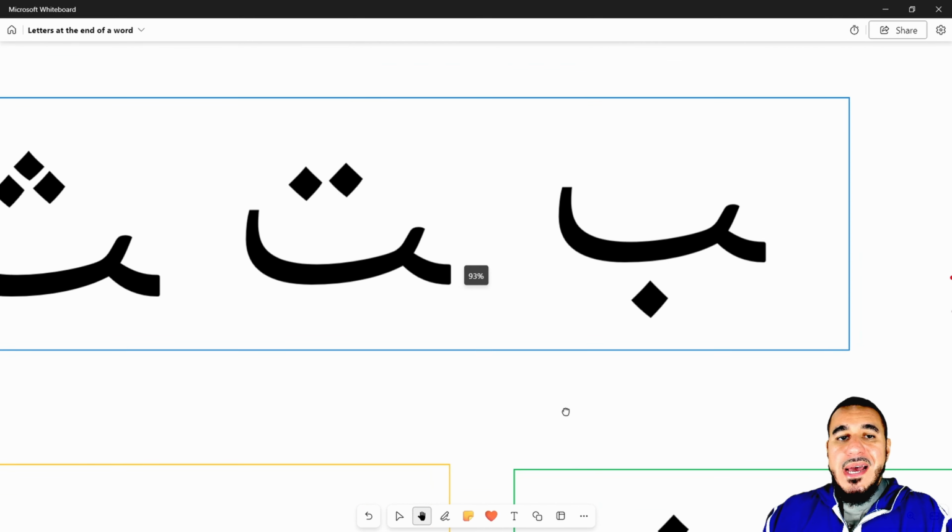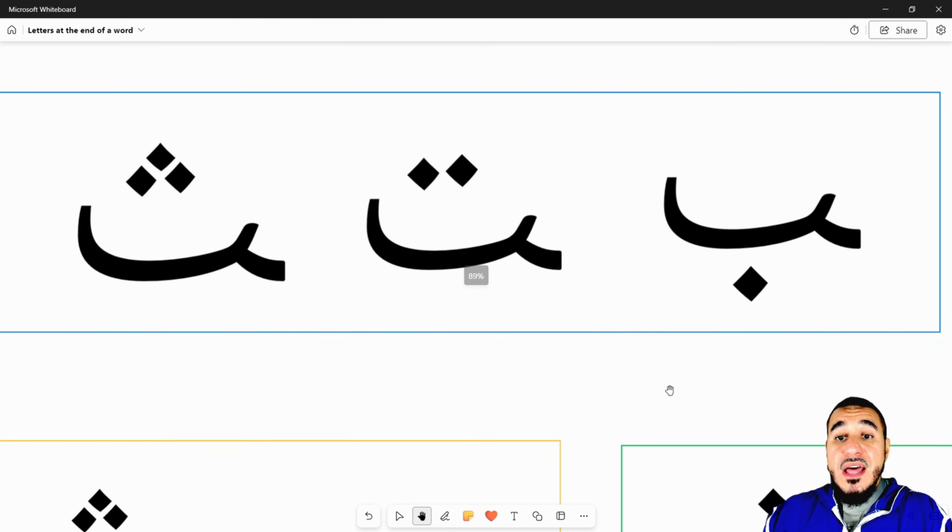And then we've got the ba, the ta, and the tha. As you can see, they've gone very much back to how their shape was when they were solo letters, when they were by themselves. It's the same shape, other than we have this little flick at the beginning of the letters.